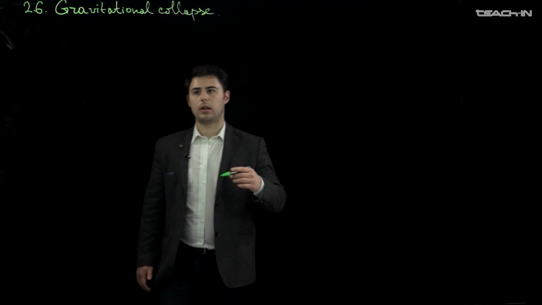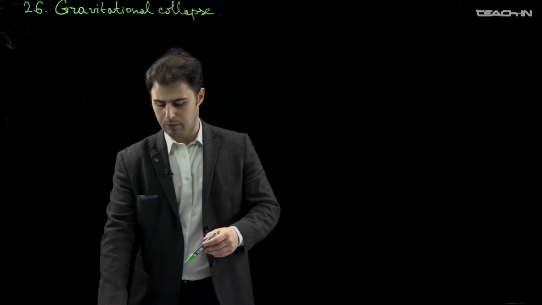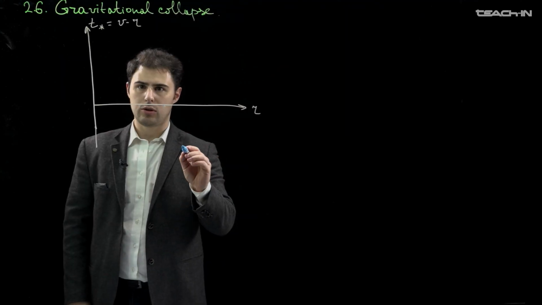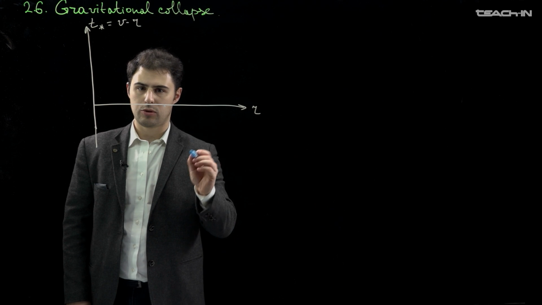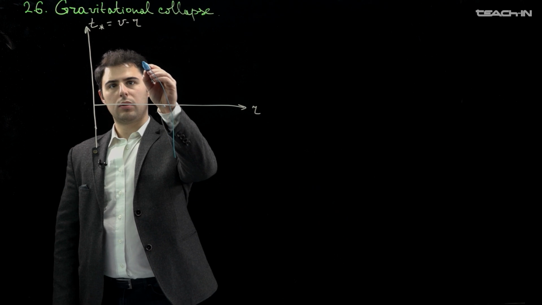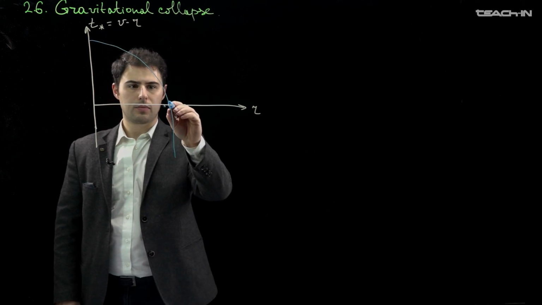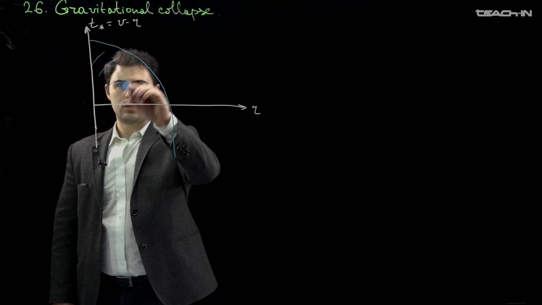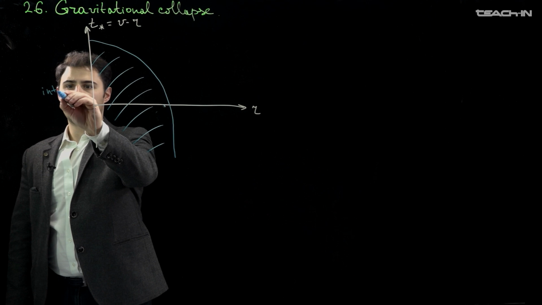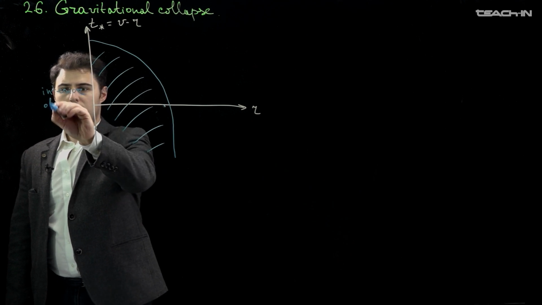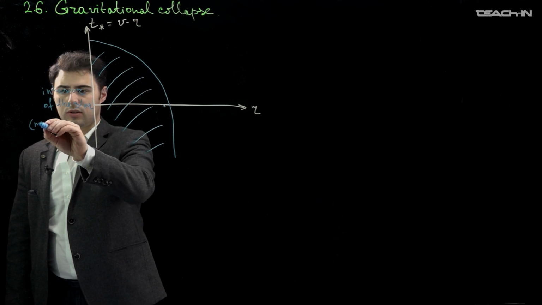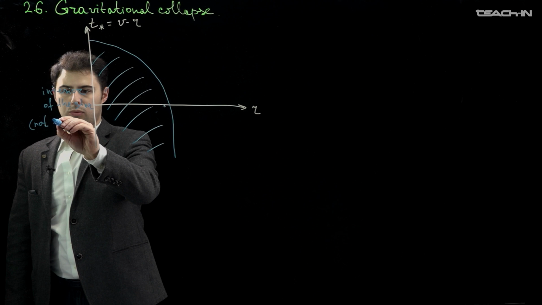So let us draw the Finkelstein diagram describing the collapse. Let the blue line denote the surface of a collapsing star. The blue region is the interior of the star, and it's not Schwarzschild in general.